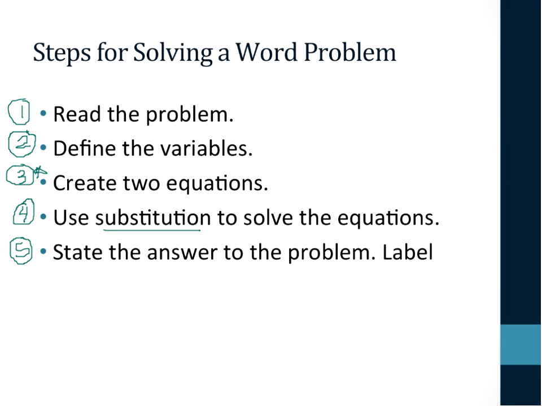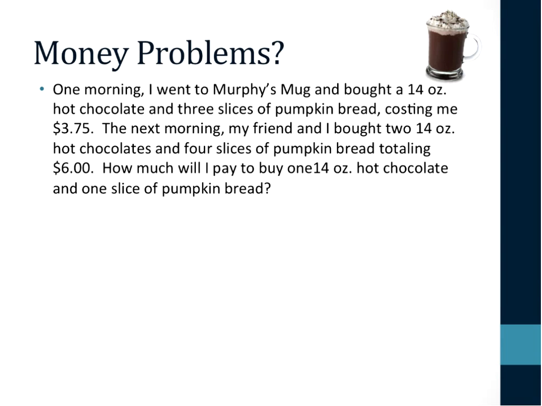And then we have to make sure that we state the answer to the problem and label. Whether we're in feet or inches or miles per hour or ounces, we need to make sure that we label these problems. So if you ever get stuck, these are my steps for looking at a word problem. Read the problem, and especially 2 and 3 here. Define those variables and create two equations with those two variables.